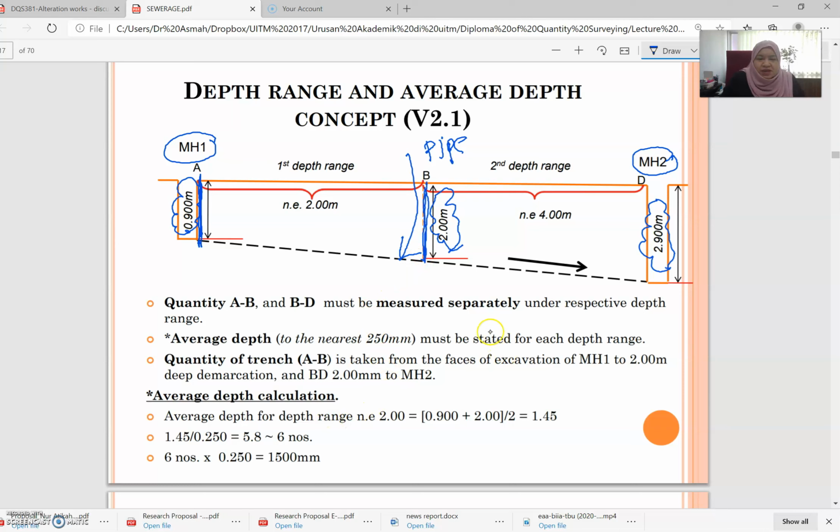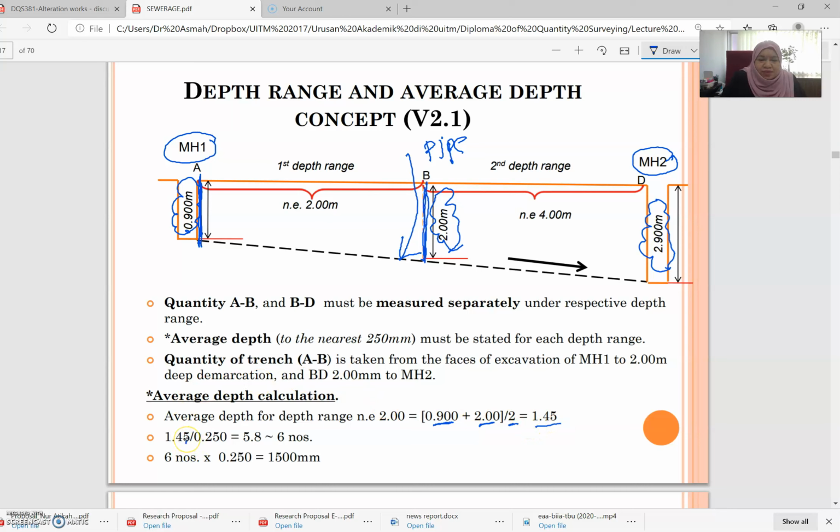So how do you calculate the depth? You know that for this excavation you have 0.9 depth here, and 2 meter. You need to divide by 2, then you get the average of 1.45.